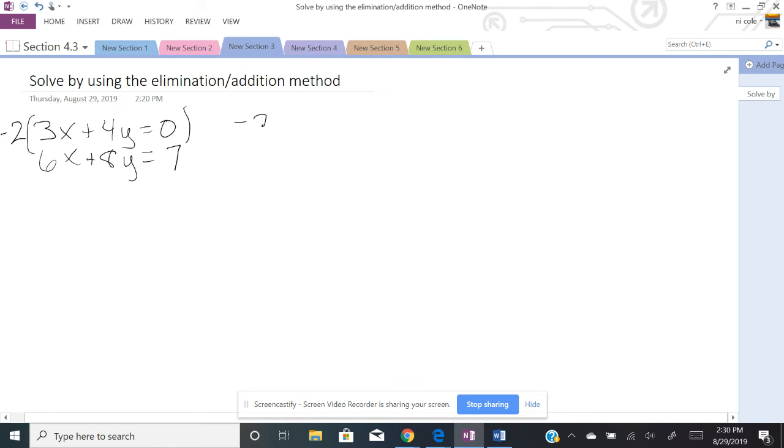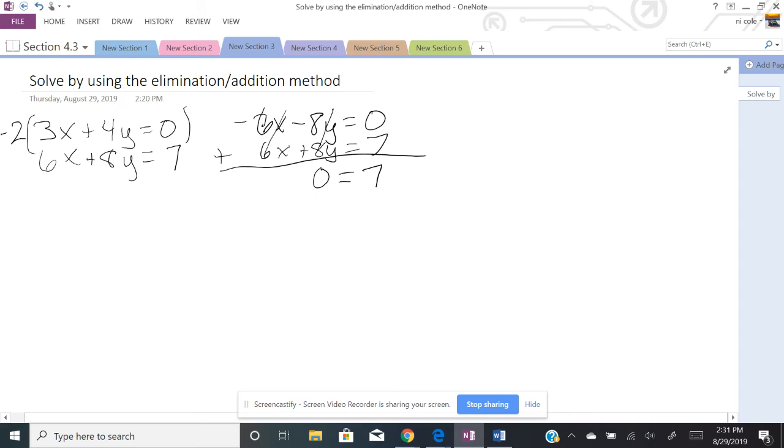So negative 6x minus 8y, and that's still equal to 0 because negative 2 times 0 is 0. When you multiply this, it has to be multiplied by everything all the way through. Do not forget to do everything. And I'm copying the second equation, equals 7. Now I'm going to add those together.